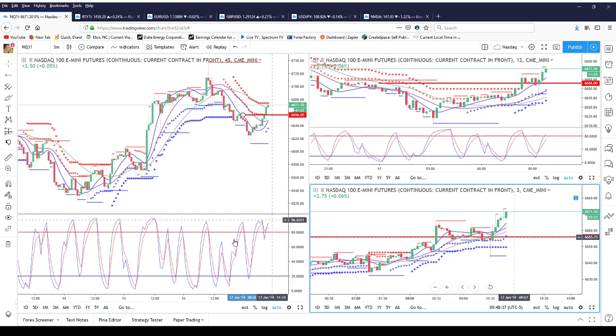Again, I don't want to go into a market that is overbought. And I don't want to go into a market that I've got overhead resistance immediately above me. That would be a real no-no.